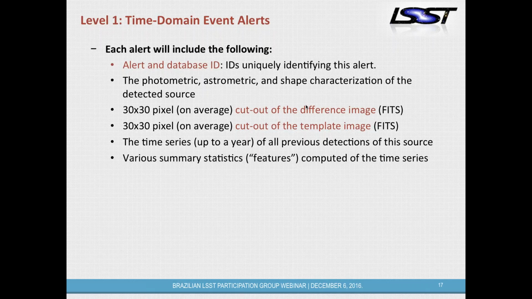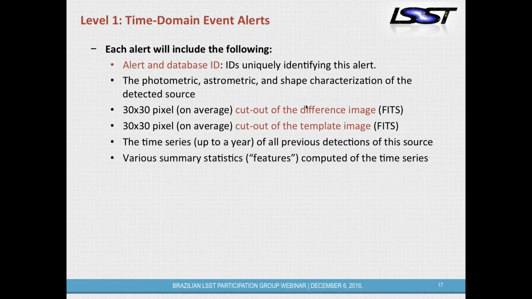We'll also give you a time series of all previous detections of the source. For performance reasons, we're not going to do that for, let's say, 10 years worth of data at the end of the survey, but only for the past trailing year. But again, this light curve data should give you a lot of information about whether this is an interesting object for your science case or not. And we'll also compute various summary statistics, or what we call features, on those time series.